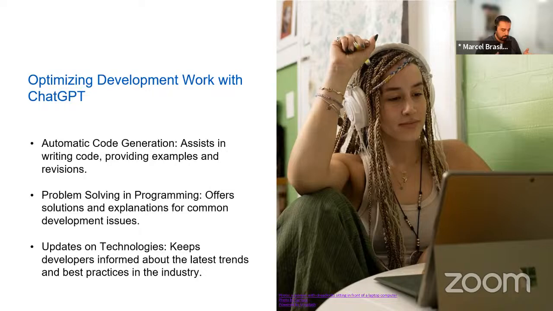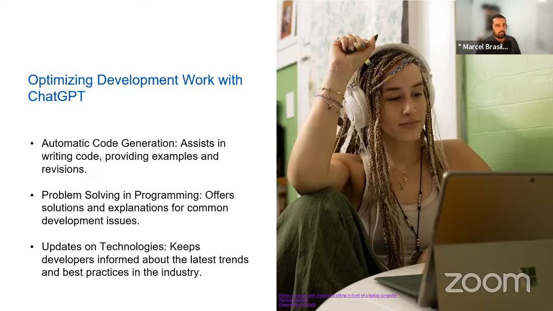revisions. So when you are writing code and you get a bug, and you are looking for the solution for 30 minutes, and you can't understand why it's not working, you can use ChatGPT to do a revision and tell you why your code doesn't work.